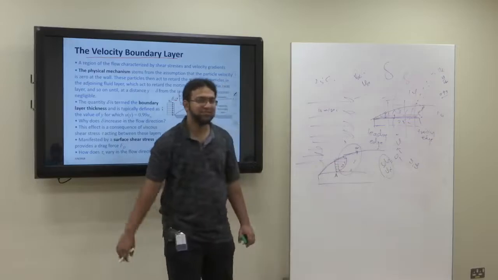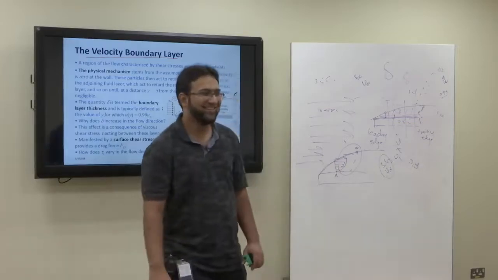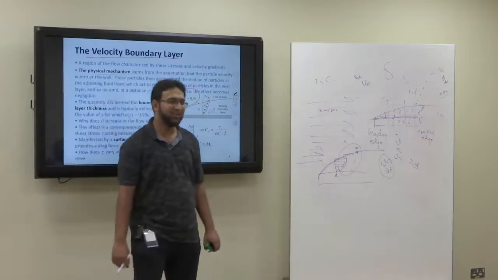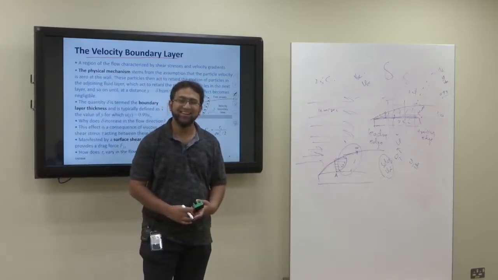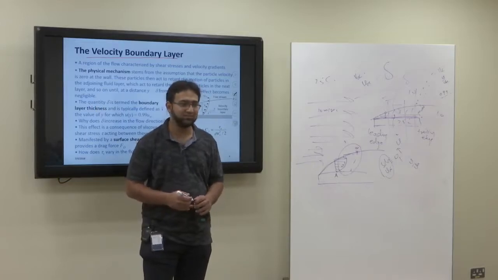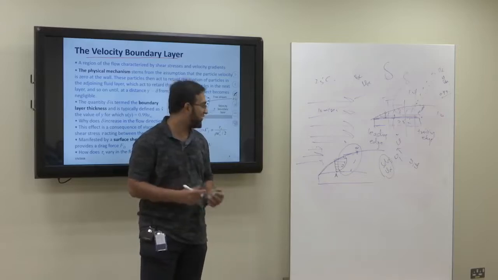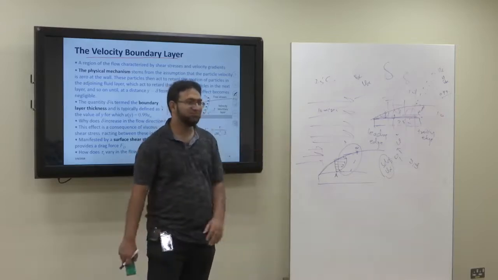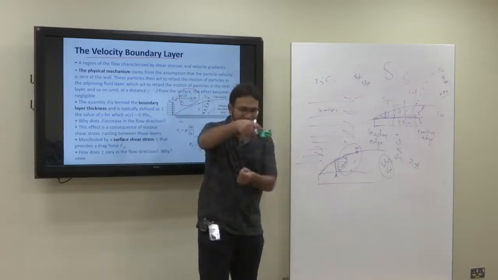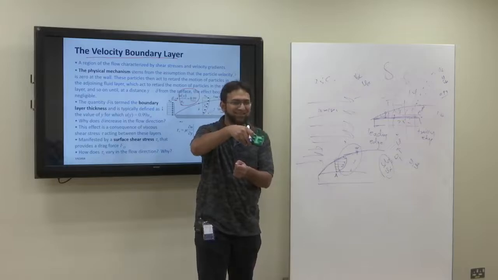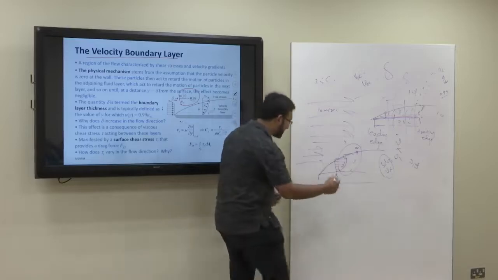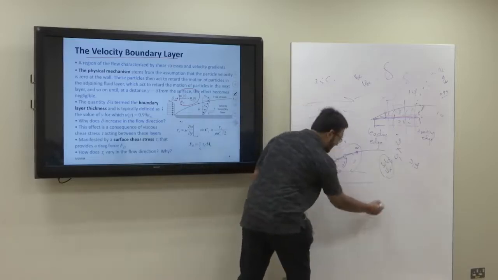Was there any mistake? Yes, there were some. I will tell you where they made the mistake. I told the students that this could come. First of all, I flipped the picture. So to make the velocity profile, they have to turn the page upside down, because I put the boundary layer like this.